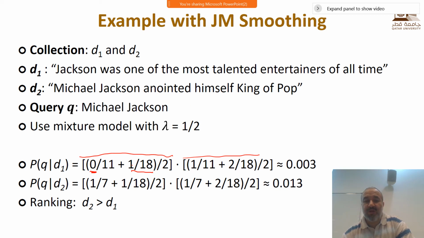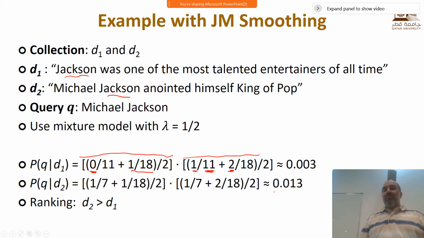And why is it 1? Yeah, because Michael appeared just once overall. For Jackson, it appeared once in document 1. And what is 11? The length of document 1. Okay, and why is that 2? Yeah, Jackson appeared twice here. Once, twice. Okay, so you can do the same also for document 2.